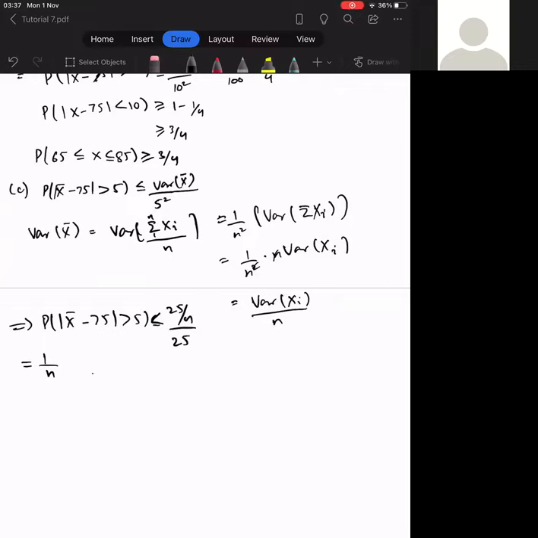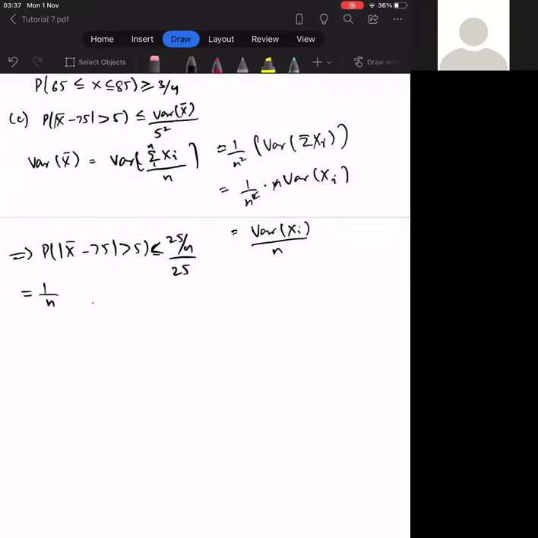And now note that when we switch the signs, so when we do this, the difference from 75 less than 5, this would be greater than or equal to 1 minus 1 over n. And we want it to be at least greater than 0.9.